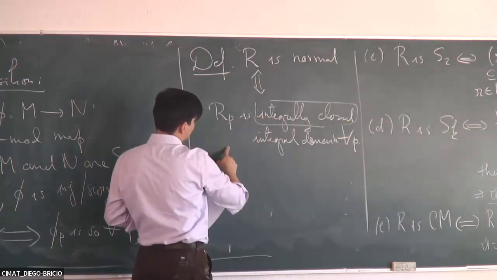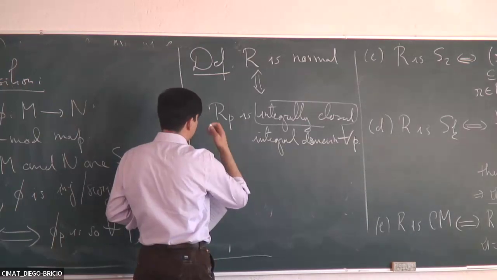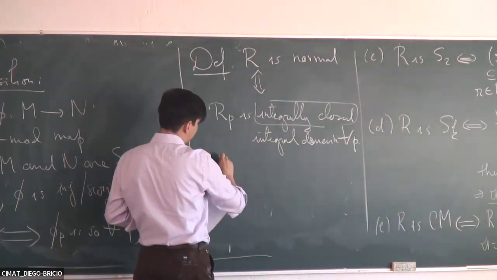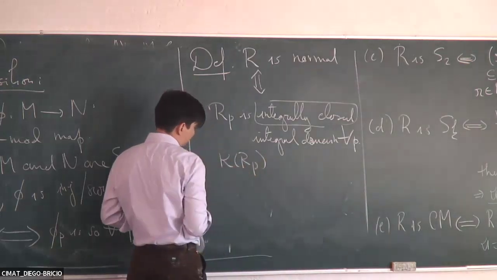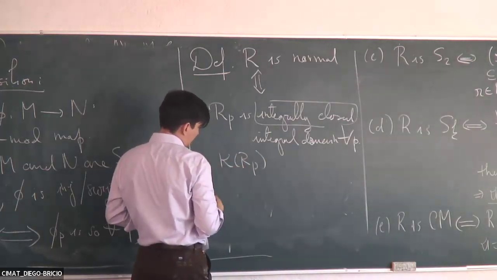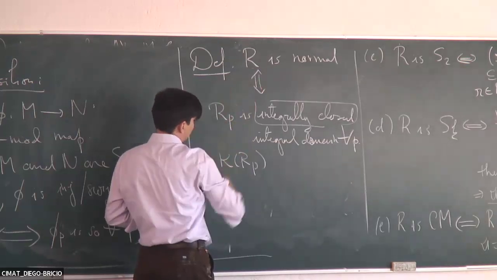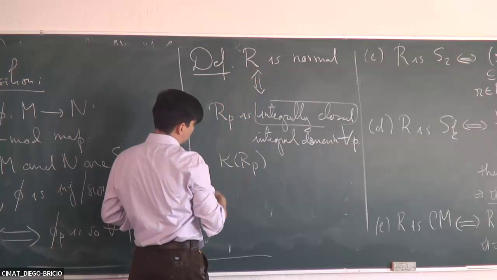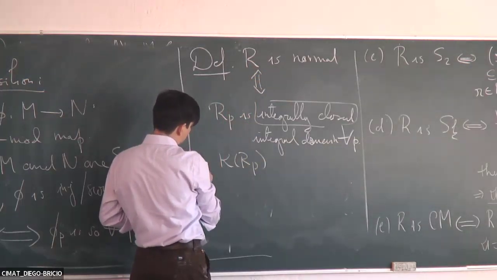Well, this means that this ring is a domain, an integral domain, and so it has a field of fractions, right? And actually, it will be essentially the field of fractions of R if R were a domain. But it has a field of fractions, and so we can look at the integral closure of R_p inside here, right?